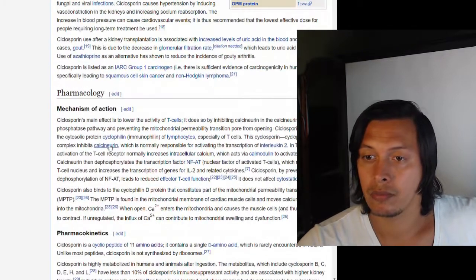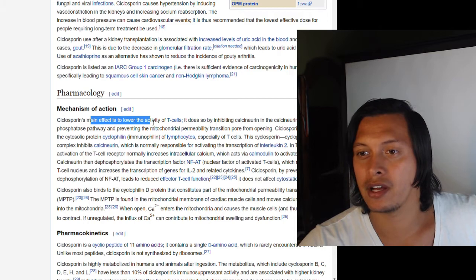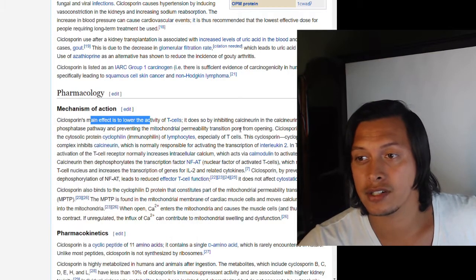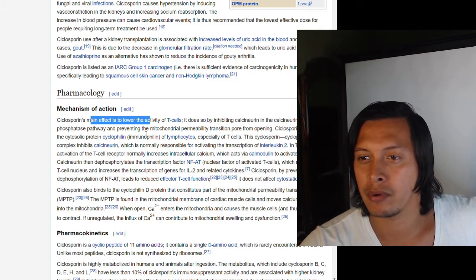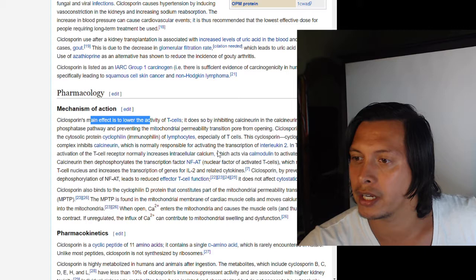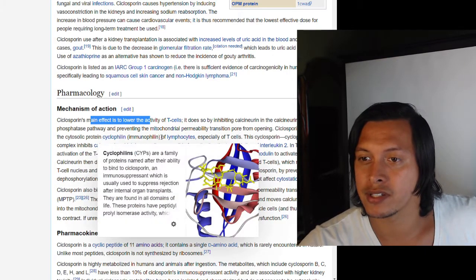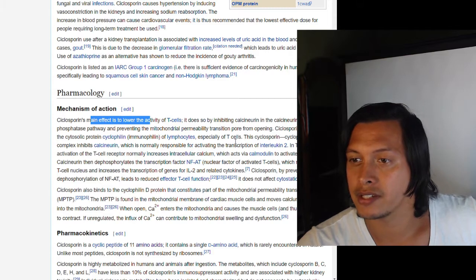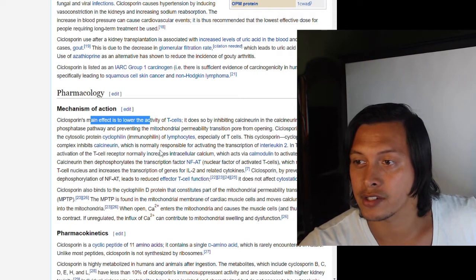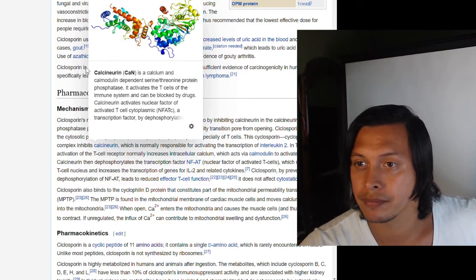And then the mechanism of action: cyclosporine's main effect is to lower the activity of T cells, and it does so by inhibiting calcineurin and the calcineurin phosphatase pathway and preventing the mitochondrial permeability transition pore from opening. It binds to the cytosolic protein cyclophilin of lymphocytes, especially the T cells, and the cyclophilin complex inhibits calcineurin.